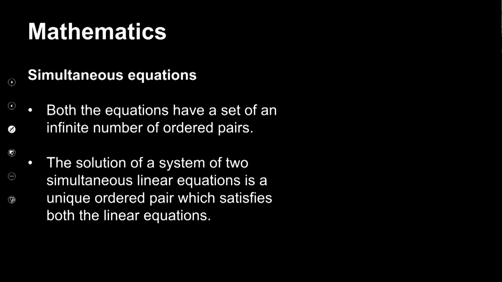Both the equations will have a set of an infinite number of ordered pairs, but one solution, right? The solution of a system of two simultaneous linear equations will be a unique ordered pair which satisfies both the equations if you solve them simultaneously.